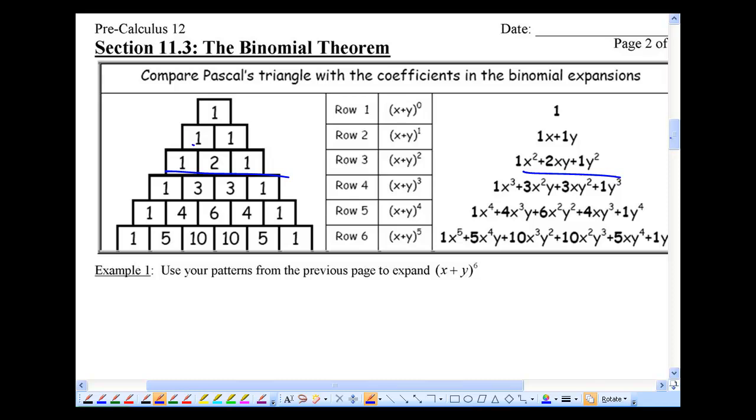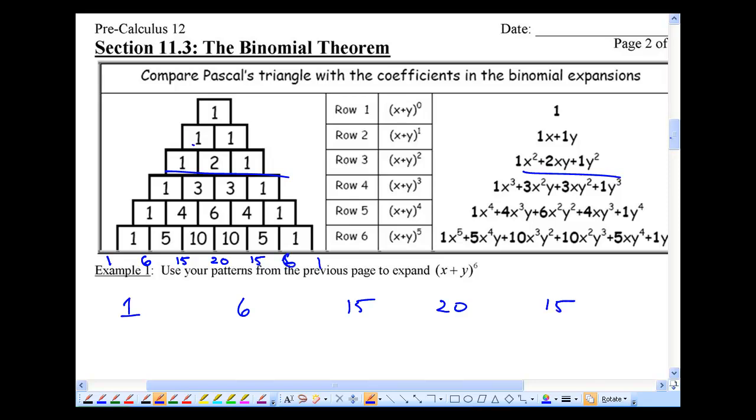Well, we know that we should be using Pascal's triangle for our coefficients. So I guess our next row would be 1, 6, 15, 20, 15, 1. So 1, 6, 15, 20, 15. I forgot one, didn't I?